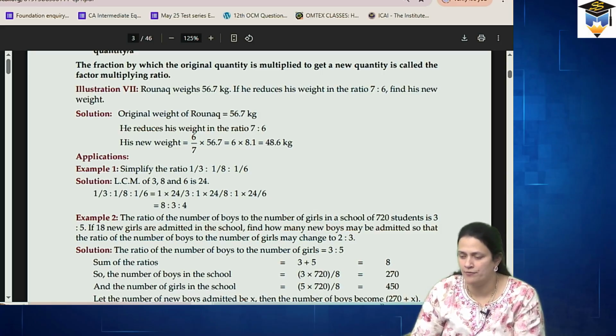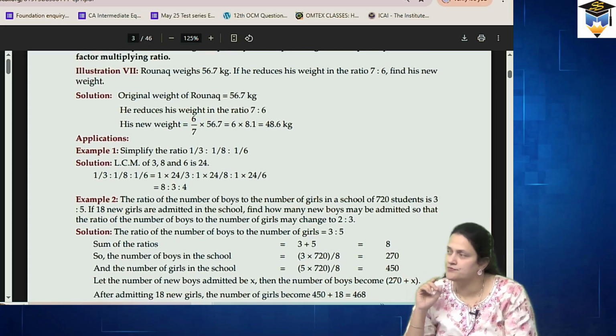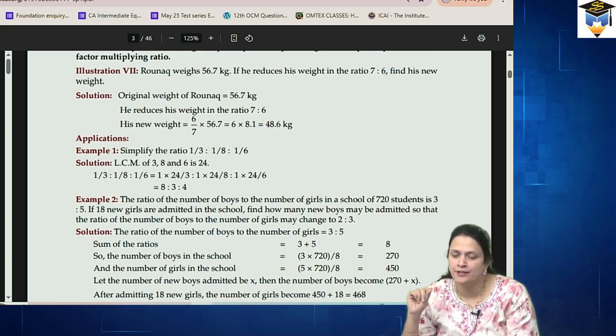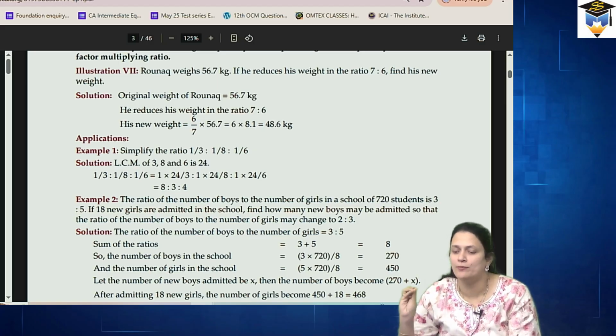Now this is also very important. Simplify the ratio 1/3 is to 1/8 is to 1/6.